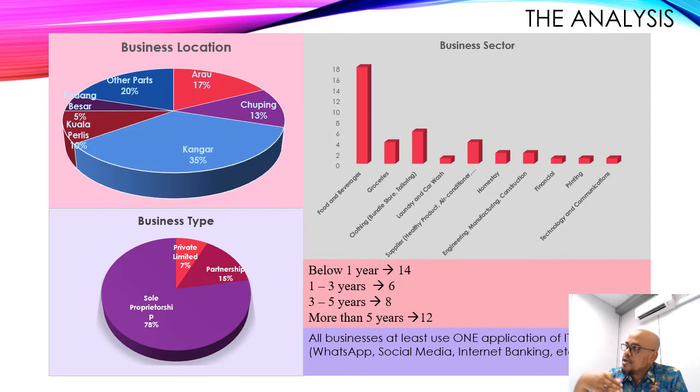WhatsApp maybe for advertising, for contacting the customers and everything. Social media for marketing, everything. And of course, for payment, they are using internet banking. All these, WhatsApp, social media, internet banking, are considered part of the e-commerce applications.